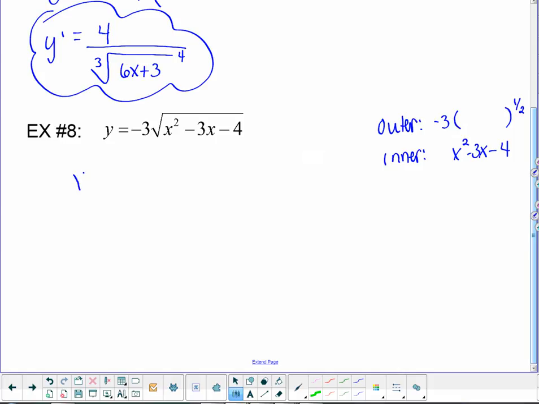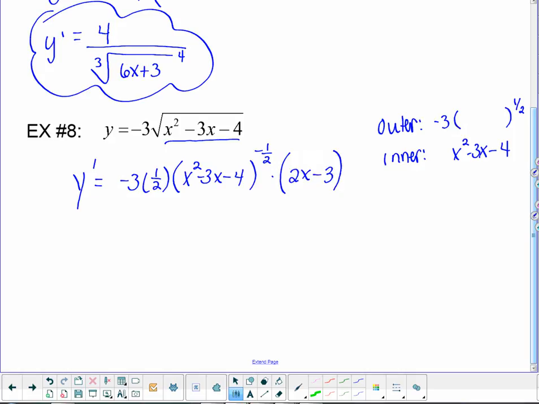Derivative of the outer is negative 3 times the 1/2, power rule going on. 1/2 minus 1 will give me negative 1/2. Leave the inside function alone. Now multiply it by the derivative of the inner. The derivative of the inner is 2x minus 3.